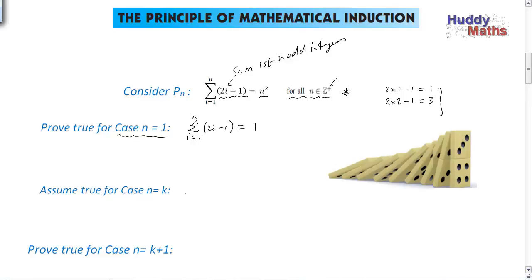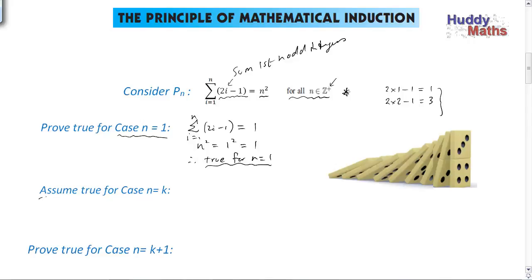It's just the first one itself. And then n squared, 1 squared, equals 1. Therefore, the proposition is true for n equals 1. So we've established that it is true for a starting value right at the beginning of the set of integers.